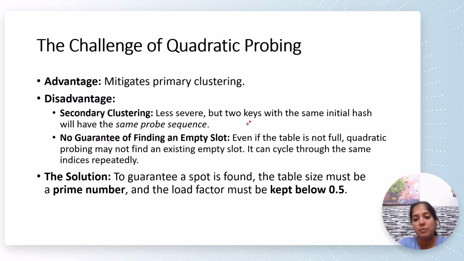One more thing: even if the table is not full, quadratic probing may not find an existing empty slot. It can cycle you through the same indices repeatedly. To guarantee that a spot is found, the table size must be a prime number and the load factor must be kept below 0.5.